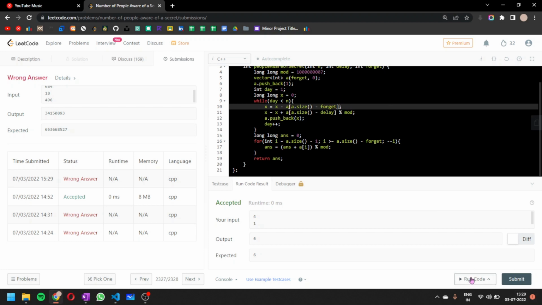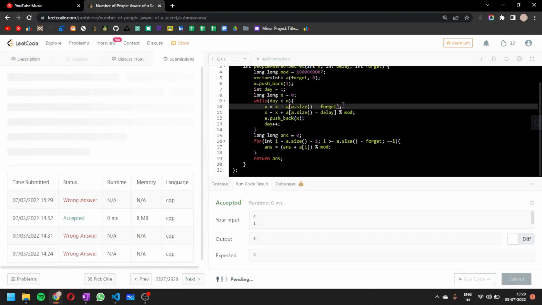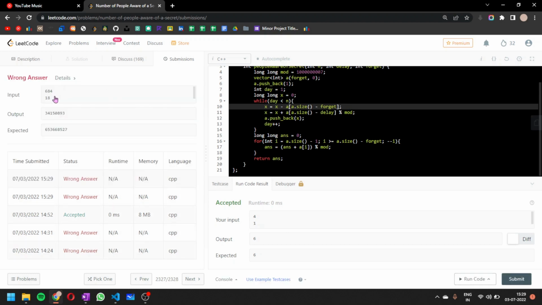And if we try to remove mod from here as well, again it is going to give us that error. So to deal with this error, the thing we can do is add mod here, and we can do this.